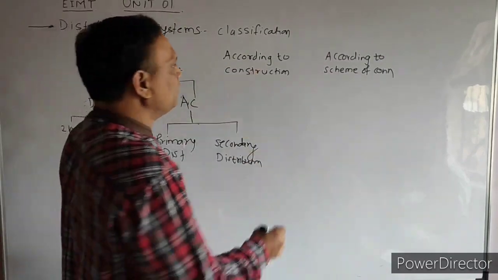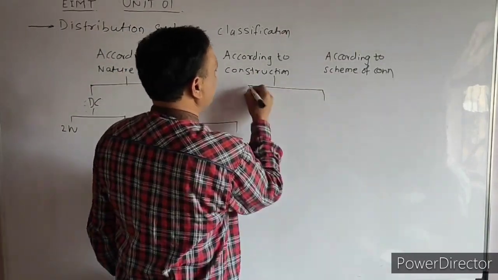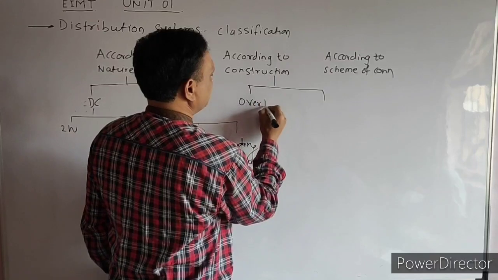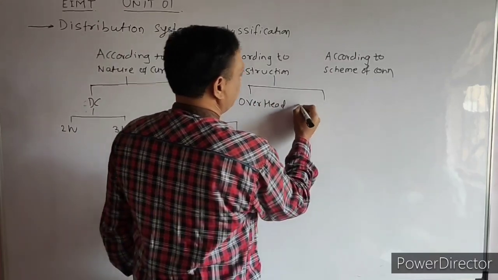So according to construction, the distribution system will be classified as overhead, and the second classification will be underground.